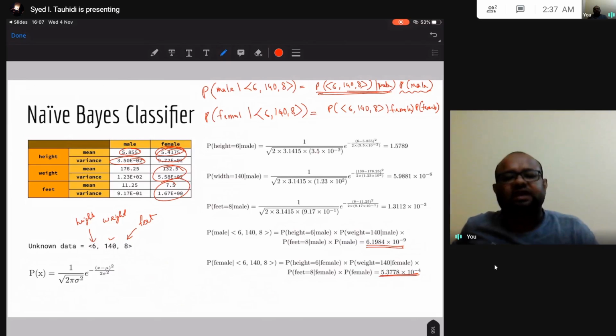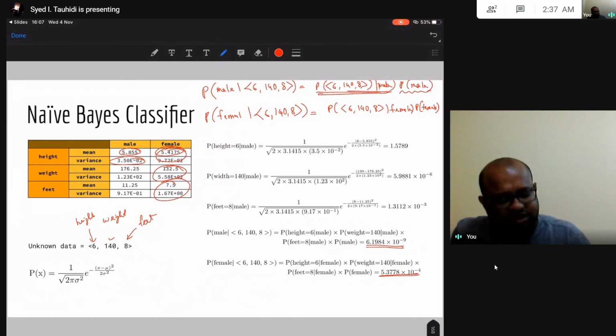Whichever has the bigger numerator in Bayes formula out of these two equations is going to have the bigger probability. So I see that given these features, height being 6, weight being 140 pound, and shoe size being 8 inch, the probability of the person being a female is higher than the probability of the person being a male.